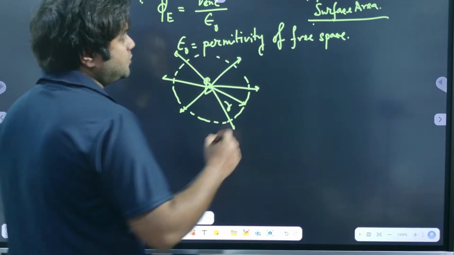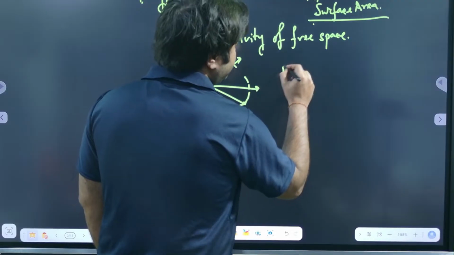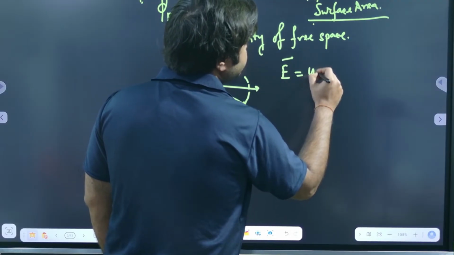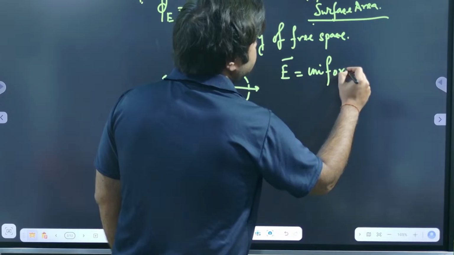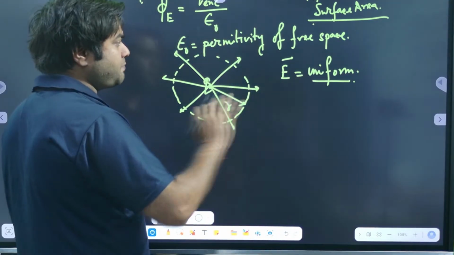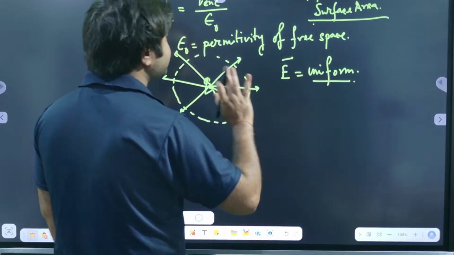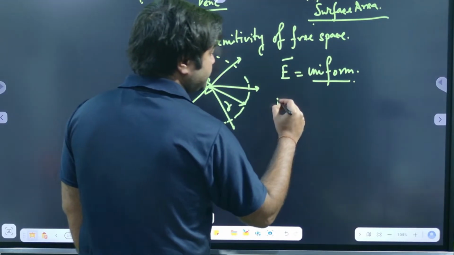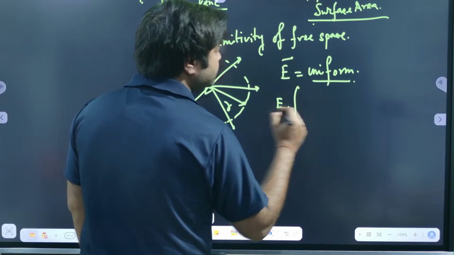E dot ds, considering this is a uniform field, uniform means constant throughout the medium, so you can take this constant out.